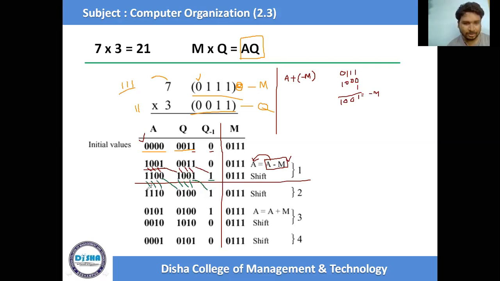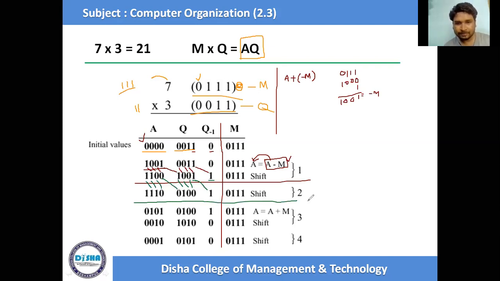Okay, just remember, many times you get confusion at this step. When one step is over, only then we check the q of 0 and q of minus 1 value. Here I am checking q of 1, q of 0 and q of minus 1. Similarly this step is over.